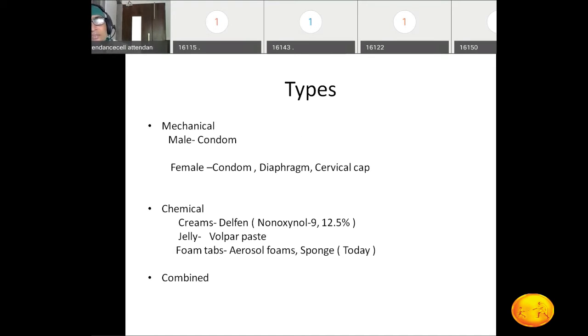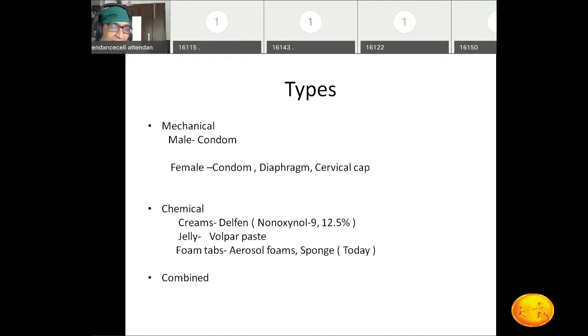Types are mechanical, chemical, and combined. Mechanical, obviously, are the two condoms, male condom and female condom. Chemical, these are certain chemicals which are spermicidal. So these are creating a barrier, preventing the deposition of sperm inside the female genital tract.